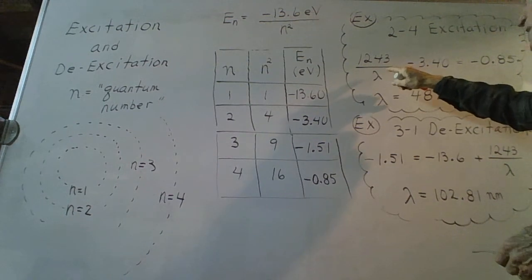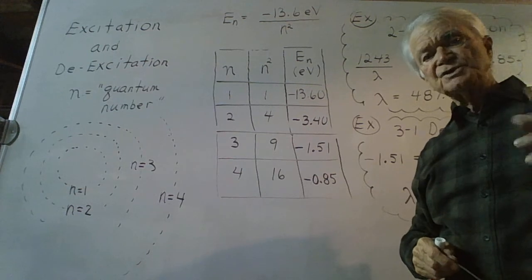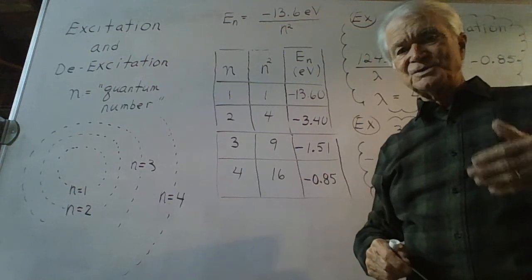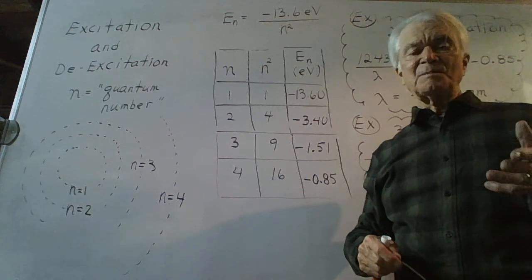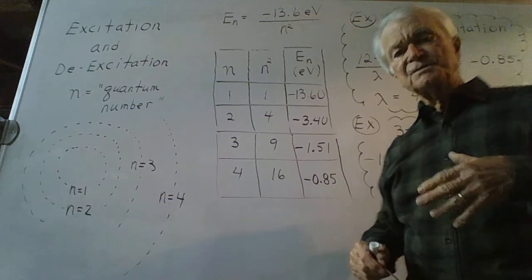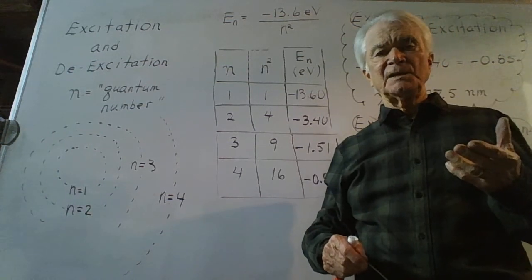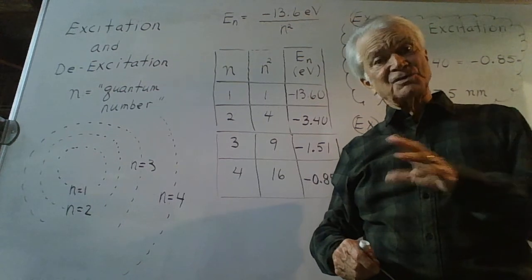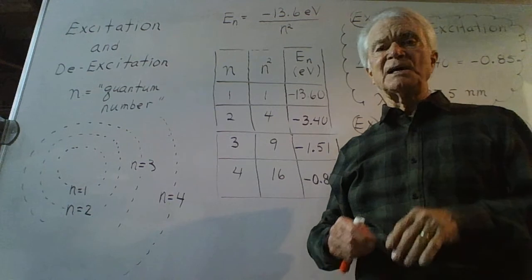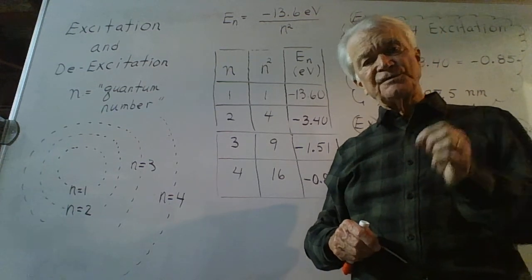Throughout this chapter, I will represent the energy of a photon using the 1243 equation. I could use the symbol E to represent a photon energy, but that would conflict with my use of that same letter E to represent the electron's energy. So we'll just use 1243 divided by lambda to symbolize the energy of the photon.